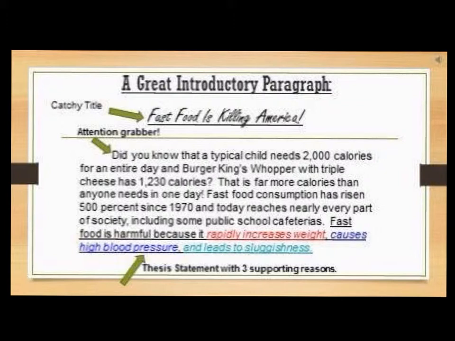It clearly identifies what the reader should expect, and notice the three different colors indicate the three main ideas that you would find in that order in the body paragraph. In between the question and the thesis or claim statement are two sentences that further develop the idea of calories and fast food.